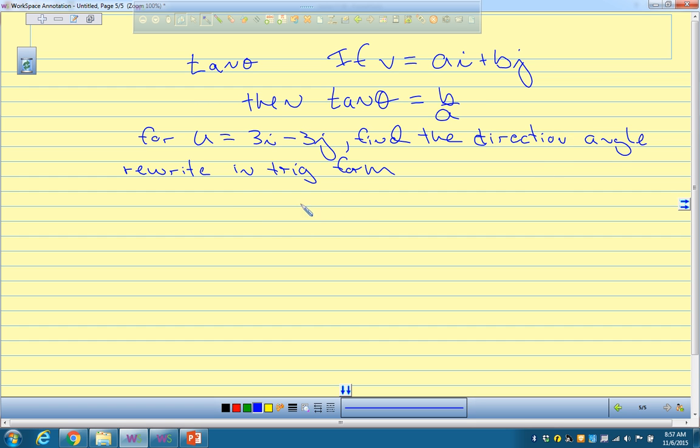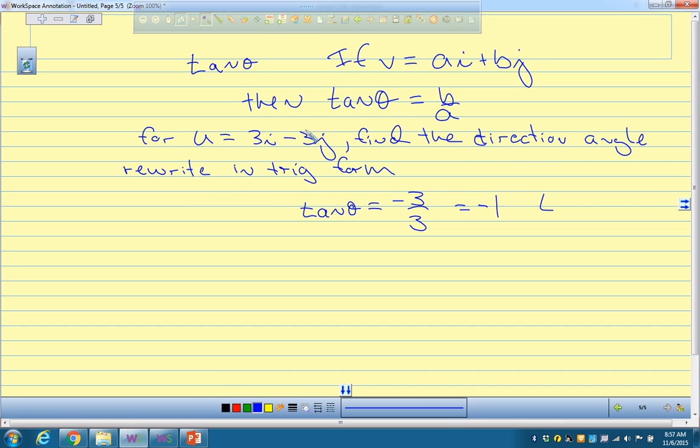So the direction angle, you know that tangent of theta is equal to negative 3 over 3. What's that equal to? Negative 1. So to find where tangent is equal to negative 1, you could look on your unit circle. Second and fourth quadrant. But you have to be careful, right?